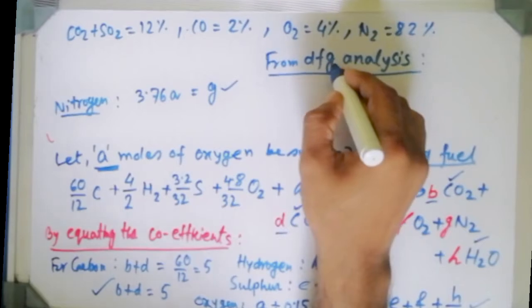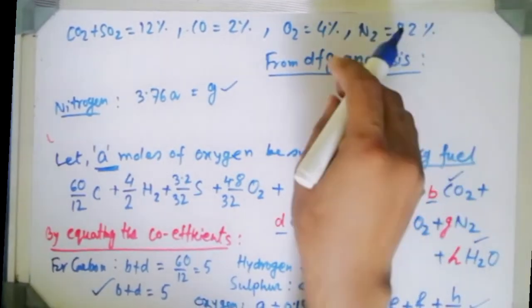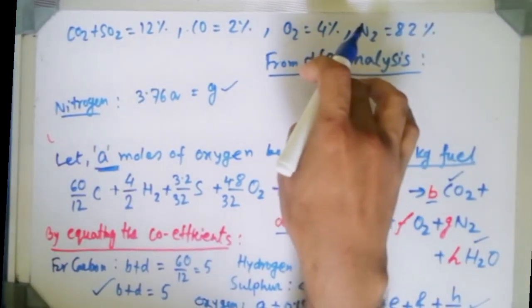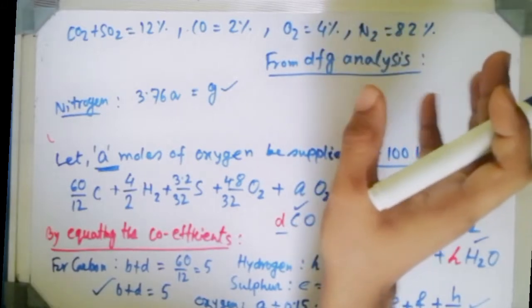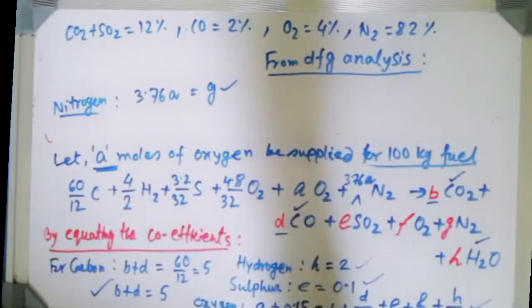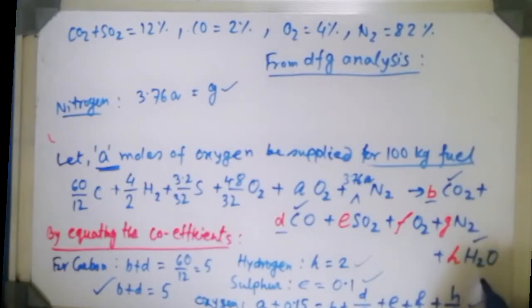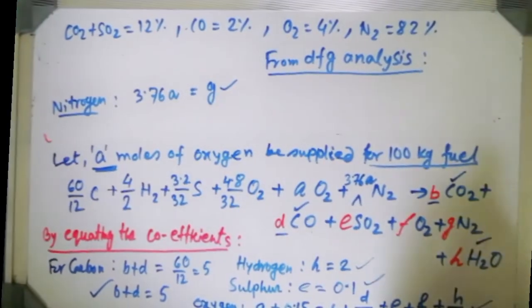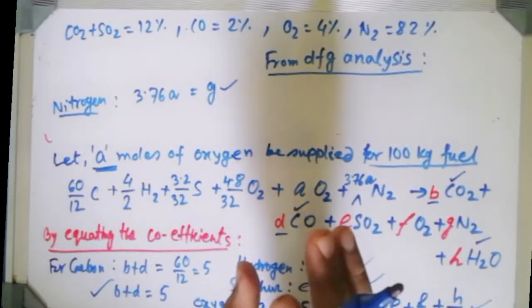Moisture obviously will be there, but we are not bothering regarding this particular analysis while we mention it by DFG analysis. Okay, so now go for first one, CO2 plus SO2 12%.